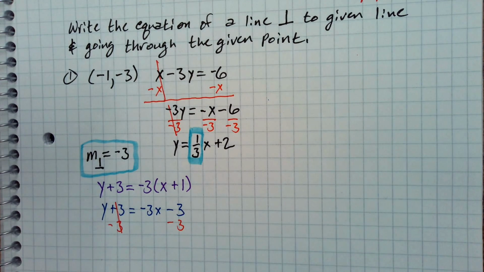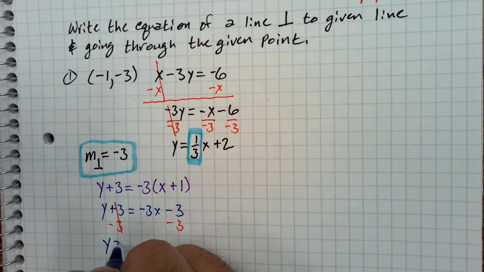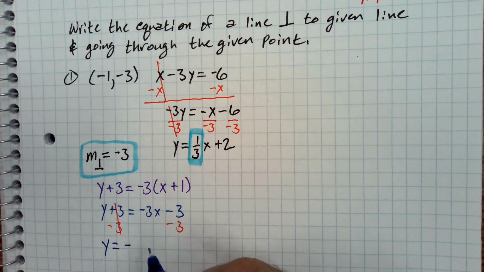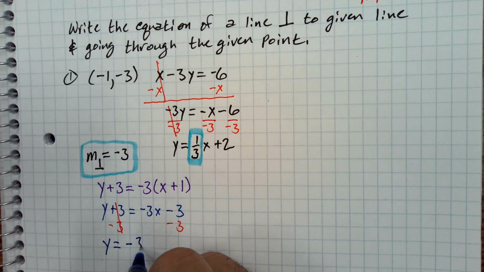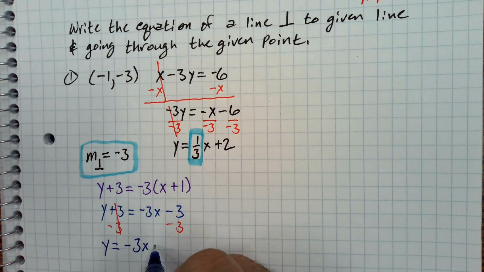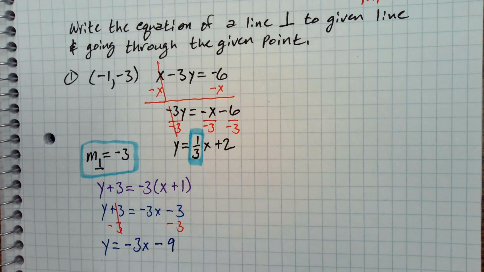And we're almost done. y equals negative 3x minus 6.